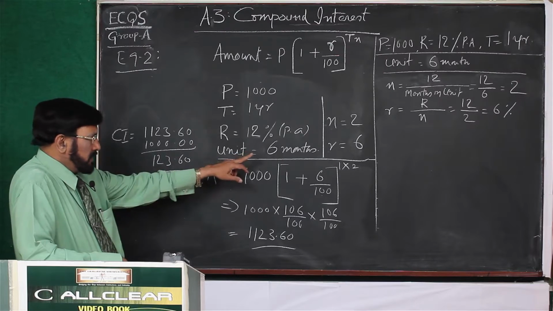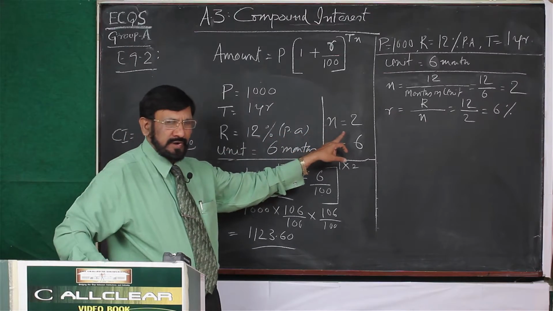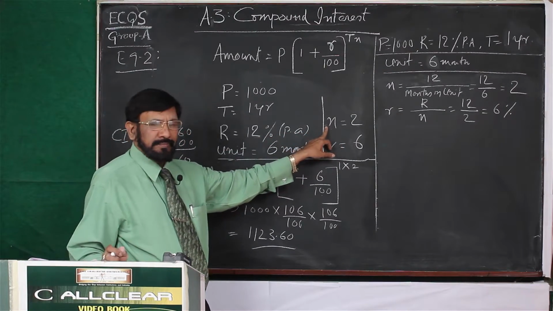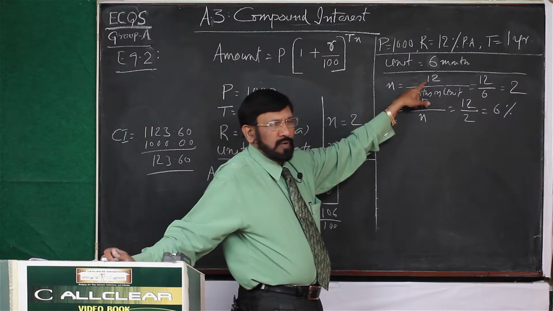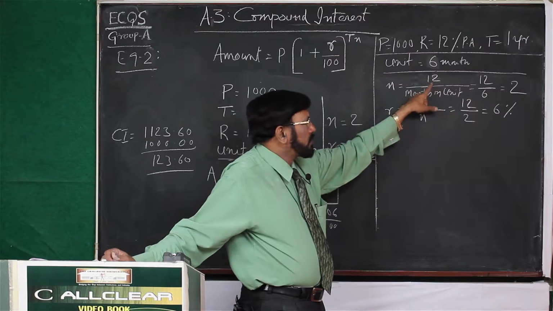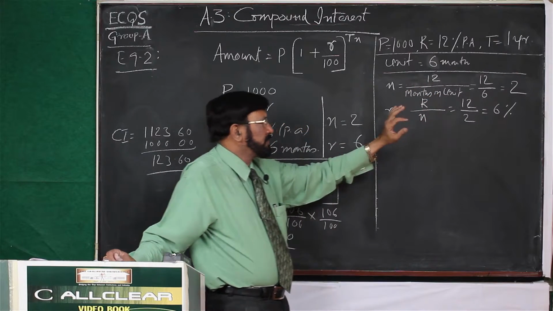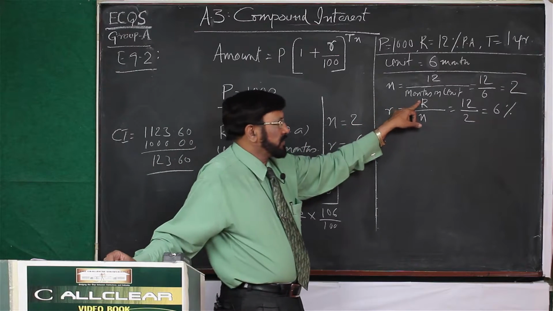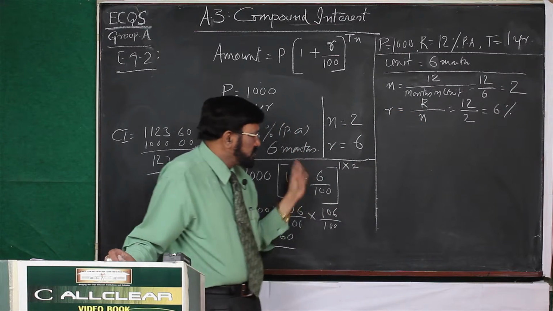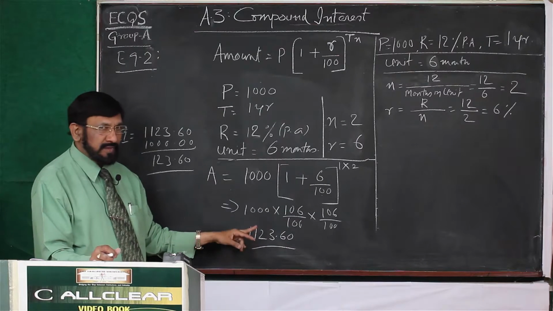This is the thing. So in this manner we have to calculate interest. Here the main thing is to understand the meaning of that. N represents how many units are there in 12 months. Simple thing: 12 by the months in the unit. And the second one is the revised rate of interest for the unit period. That you substitute, you can get the amount.